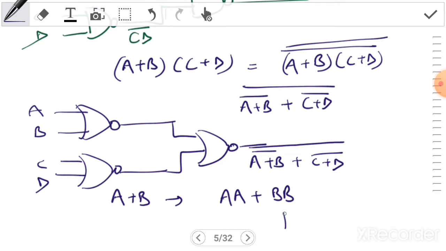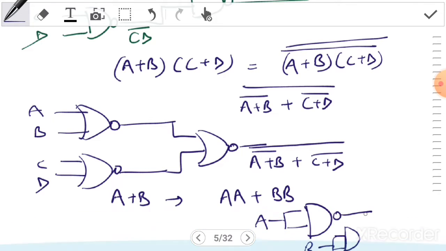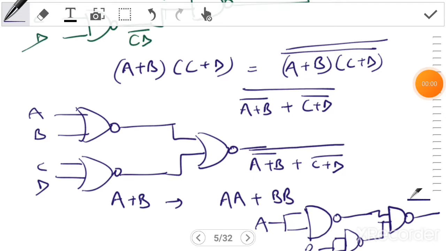You will have a common input to both the 2 input terminals, again for B, and then A. Here the output will be (A dot A dot B complement) whole complement, right?